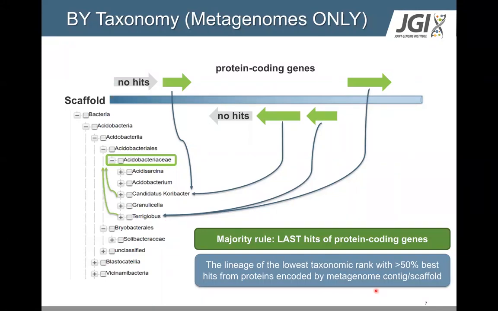The rule of thumb is that we need to have a majority, so over 50% of those coding sequences need to be assigned to one of these genera to receive that assignment. In this case, since that can't be resolved, the scaffold then receives the name family Acidobacteriaceae. Okay.